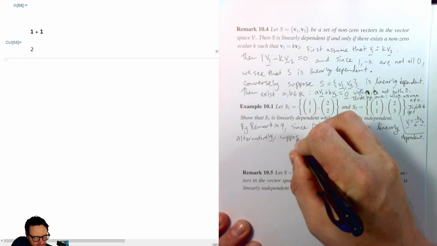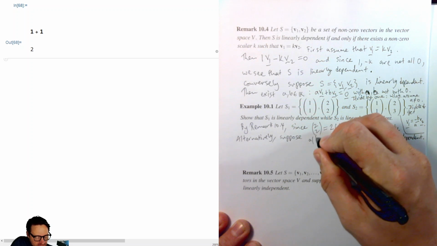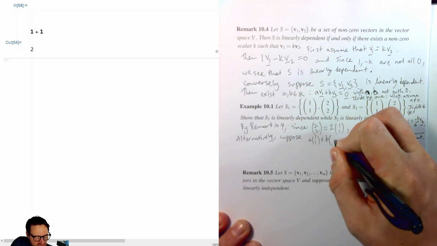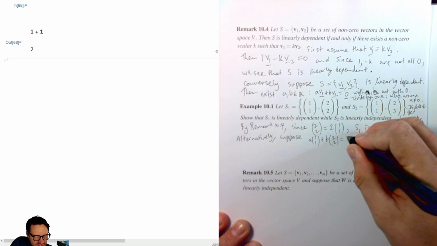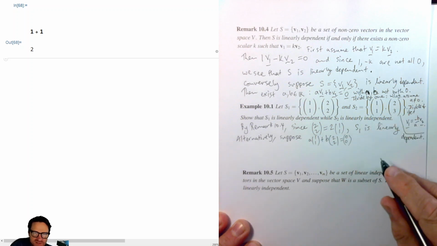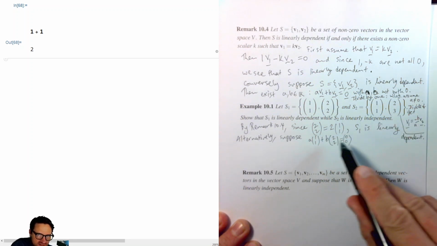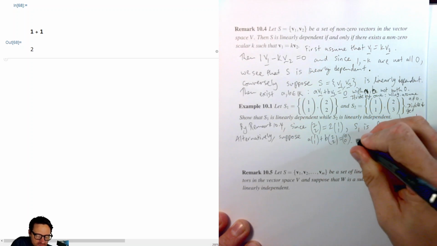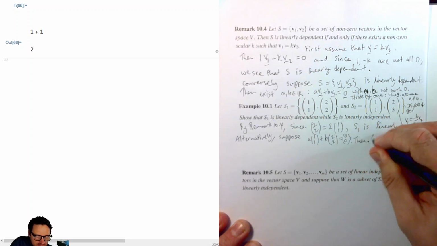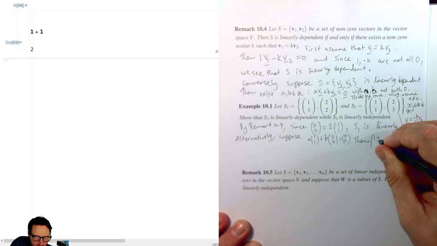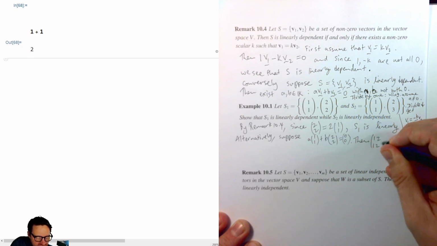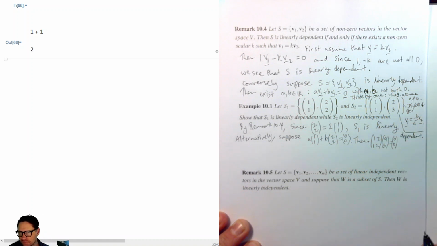suppose a times (1, 1) plus b times (2, 2) is equal to the 0 vector, (0, 0). Now we can write this in a matrix way. Then we've got the matrix [1 2; 1 2] times (a, b) is the 0 vector.